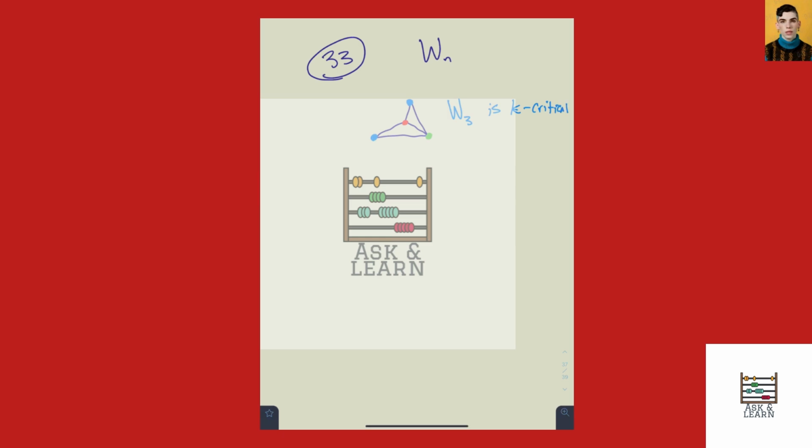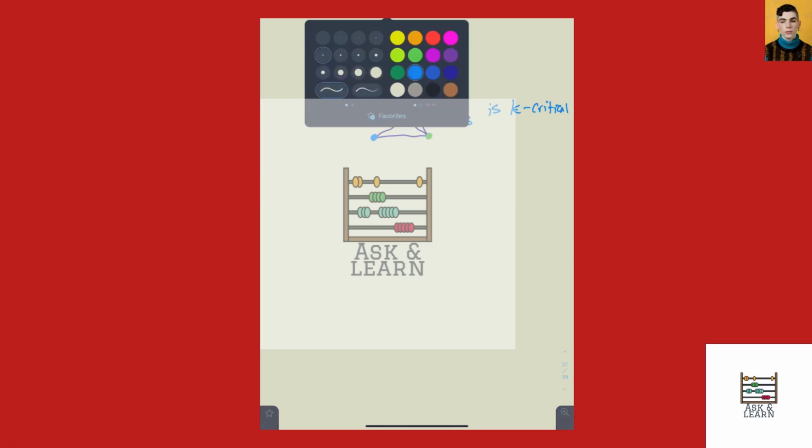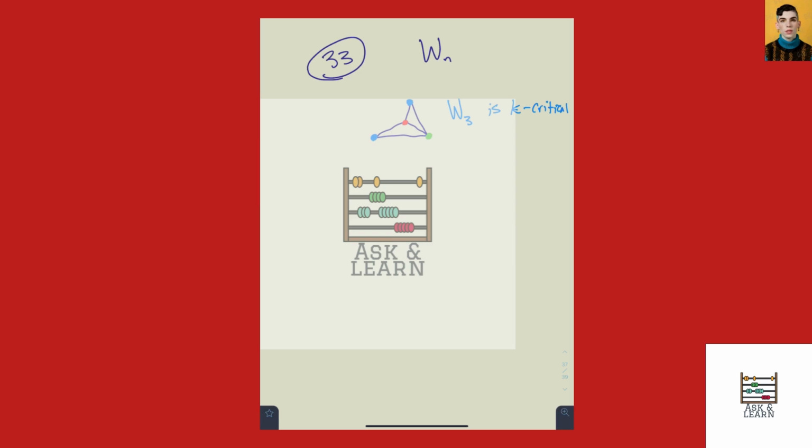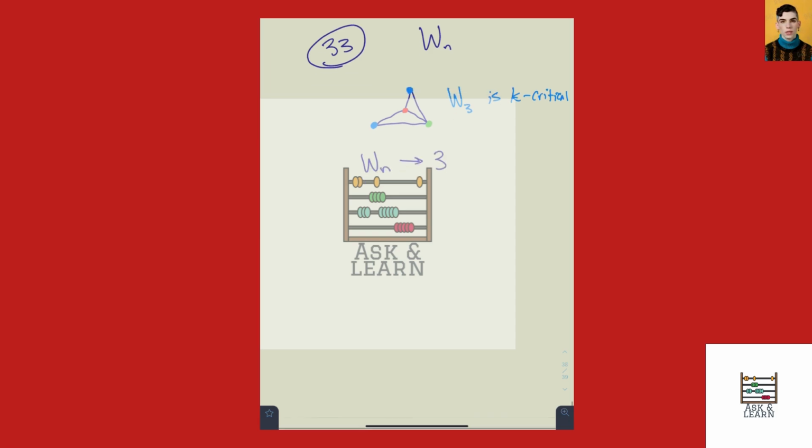And then for Wn at large, we know that Wn will always have each outer vertex with a degree of 3. The reason is that no matter what we have, say a pentagon, all of them are connected, so they all have a degree of 2.